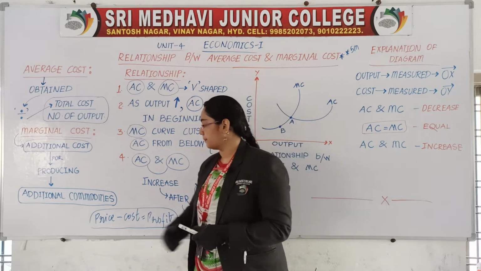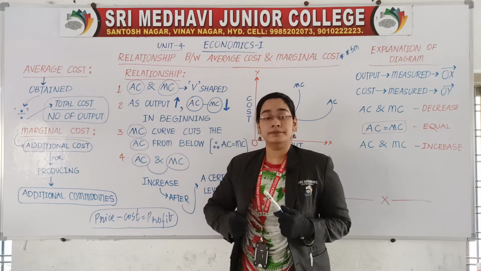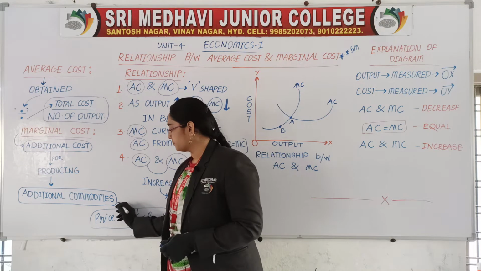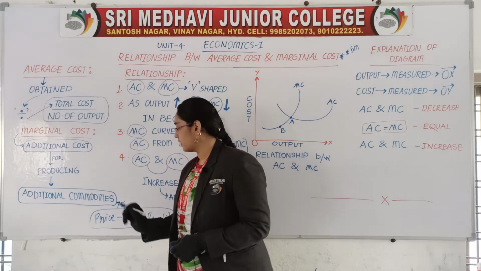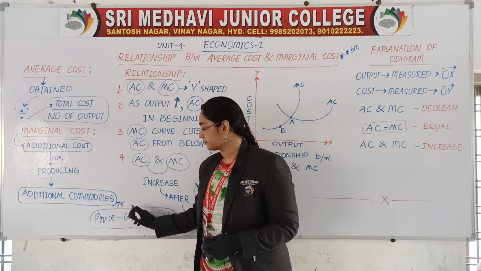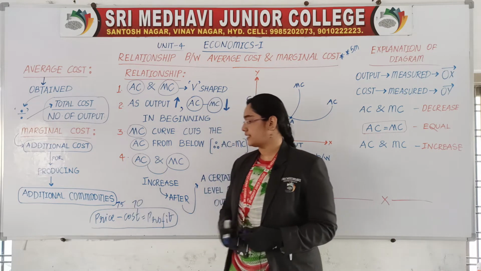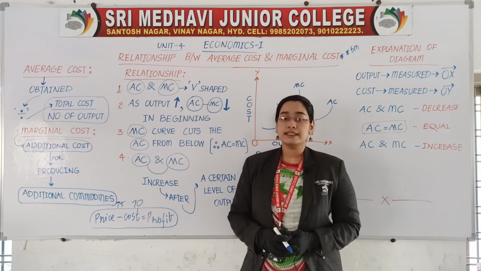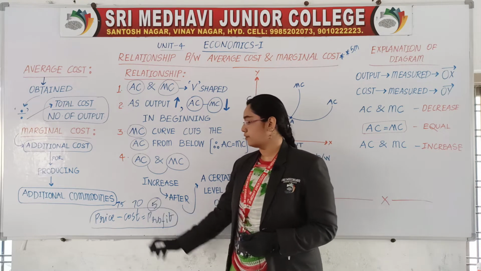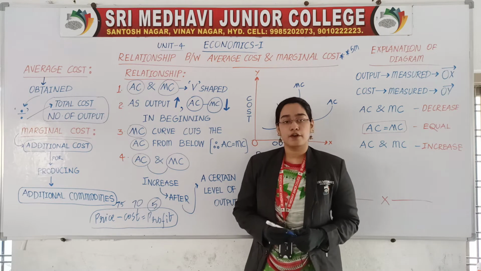For example, the actual price of the book is rupees 75 and I am selling it at rupees 70. 75 minus 70 is 5. Alright, so 5 rupees is my profit.